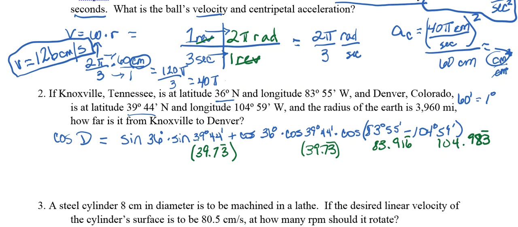Now we're going to add cosine of 36, which is being multiplied by cosine of 39.73. Let's put in a few of those. Times the cosine of 83.91, put in a few 6's, minus 104.98, put in a few 3's.